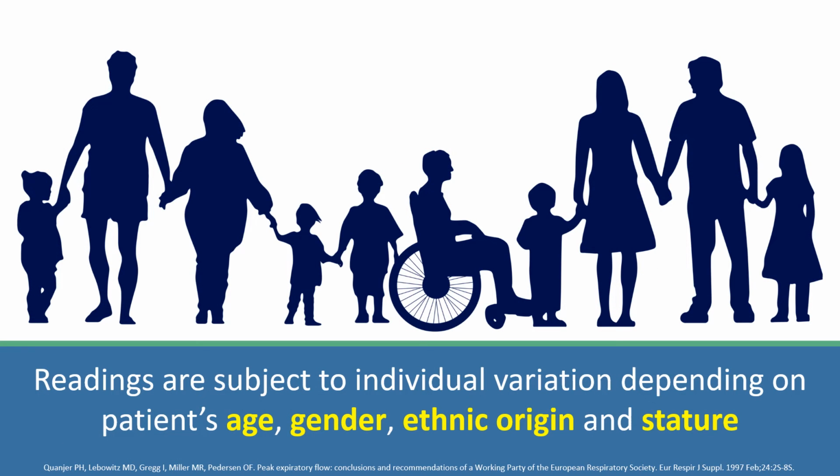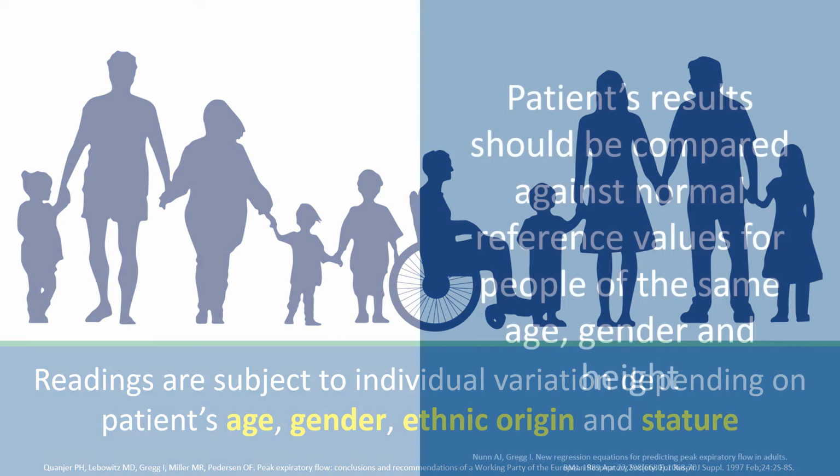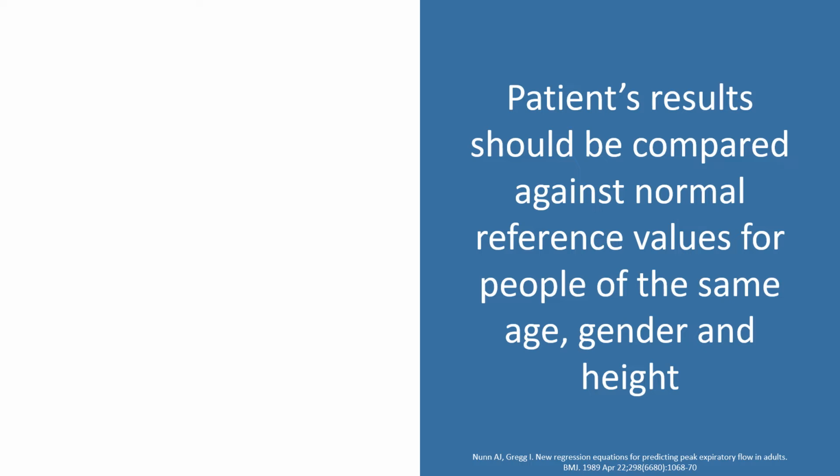The other thing about peak flow readings is that they are subject to individual variation, and what a predicted peak flow is would be based upon age, gender, ethnic origin and stature as well. And that's where we get our tables of normal values.